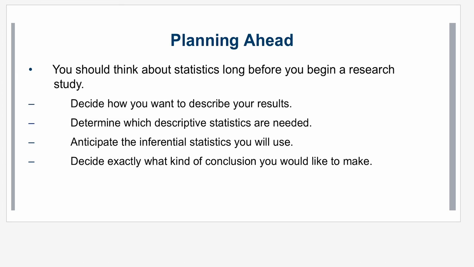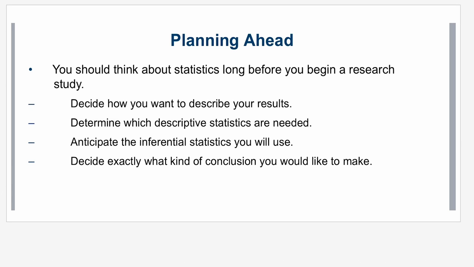Because, as these bullet points point out, you have to decide how you want to describe your results and which kind of descriptive statistics you're going to use, and possibly what kind of inferential statistics you will use. Why?